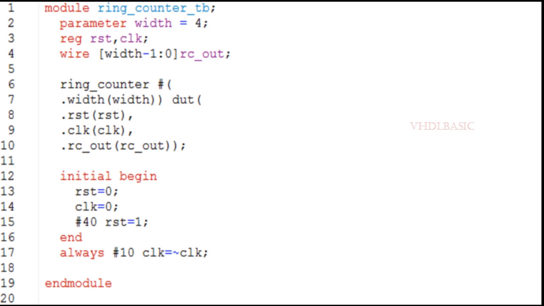Okay, so I'm using input reset and clock as reg, and I'm declaring RC out as a wire with width-1 down to 0. That is the width of the RC out. So I'm instantiating the ring counter. Line number 6 to 10, we are doing the instantiation of the ring counter. And in the initial block, I'm asserting that reset first and giving the initial value of the clock.